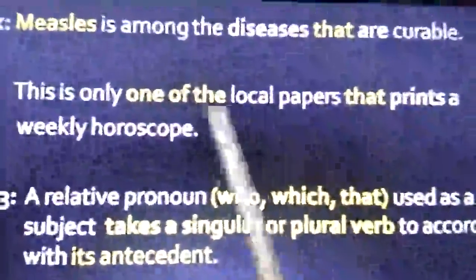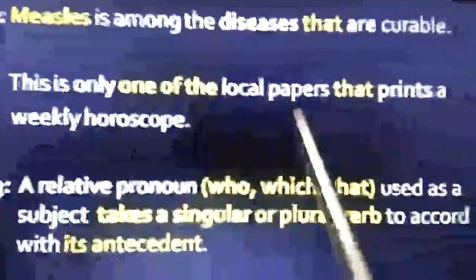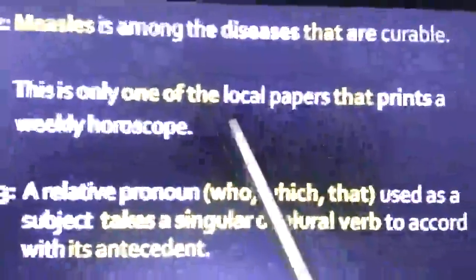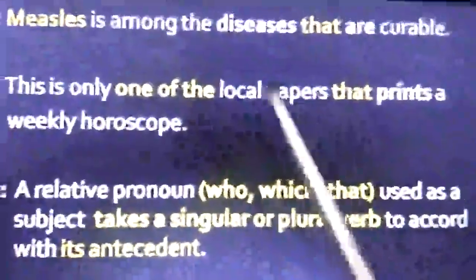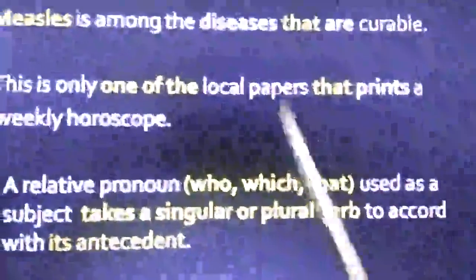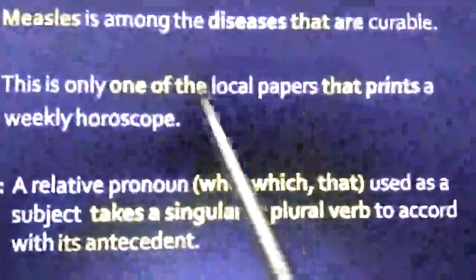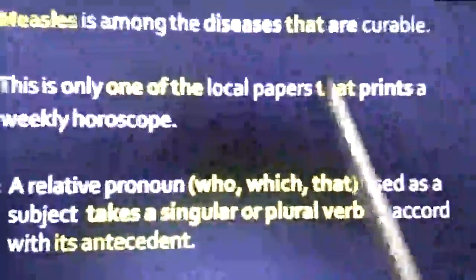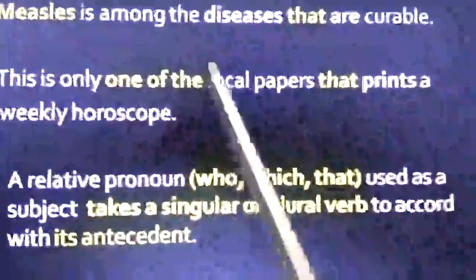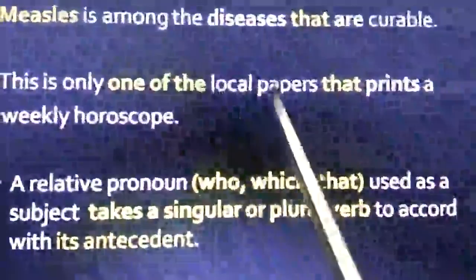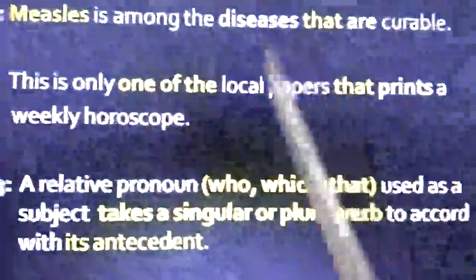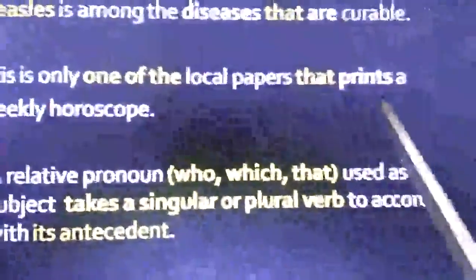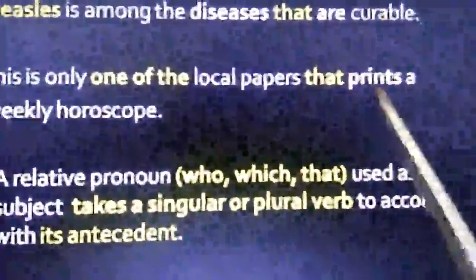Here in this sentence, one of the local papers, we are not referring to all the papers, but only to one paper, and so here that is preceded by a singular noun. One of the local papers means we are referring to one paper among many papers, and so the verb that we have used is singular, prints.